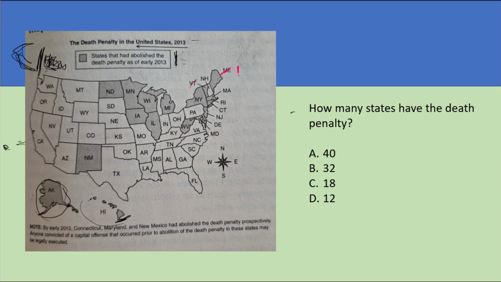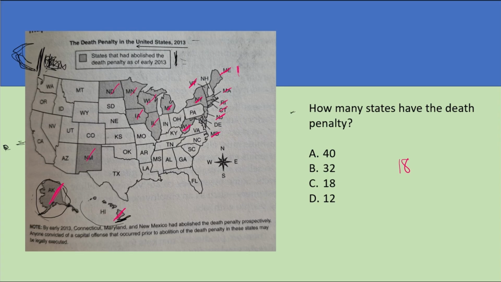So we have 1, 2, 3, 4, 5, 6, 7. DE is white. 8, 9, 10, 11, 12, 13, 14, 15, 16, 17, and 18. Don't forget about Alaska and Hawaii. So we counted 18 states that have abolished or gotten rid of the death penalty.